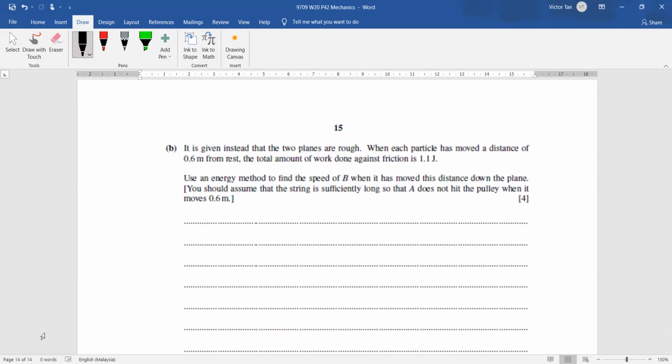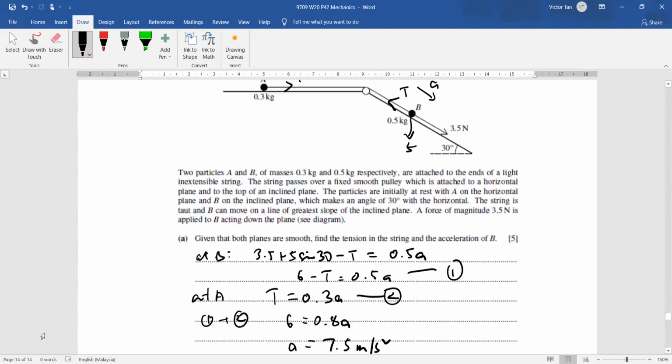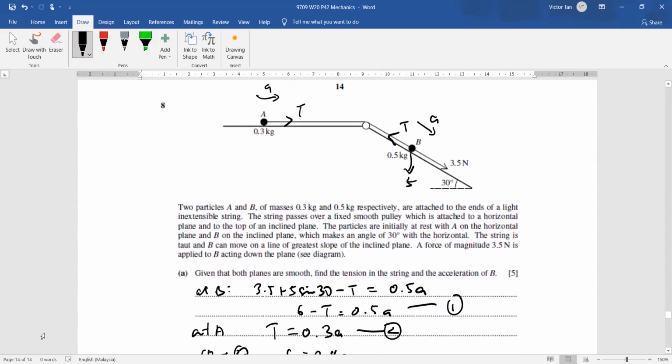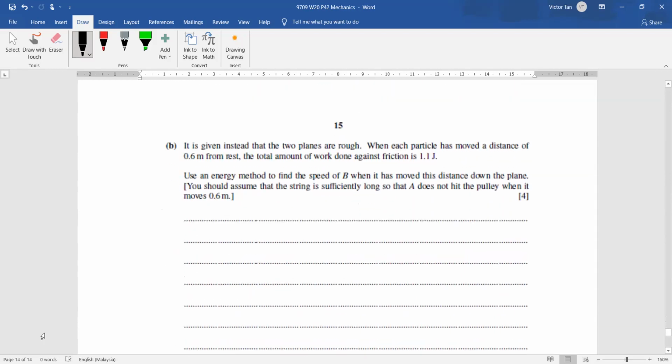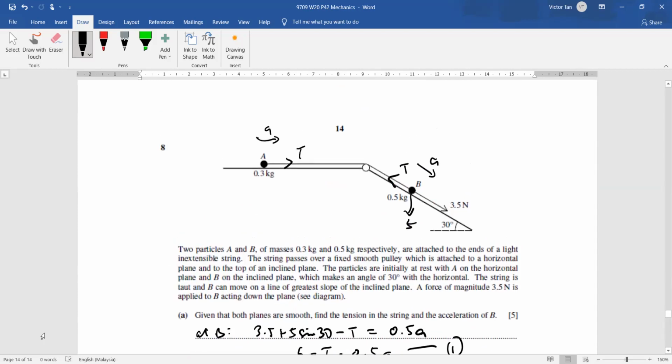So it moves 0.6 meters. So the height is 0.6 times sine 30, 0.3 meters.